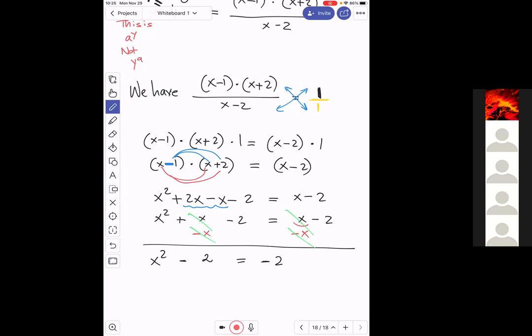You don't have x squared and x. It's just x squared. So if you add, let's say, plus 2 to both sides, now it's x squared equals to, minus 2 plus 2 will be 0. Same here, minus 2 plus 2 will be 0. So it's just x squared equal to 0.